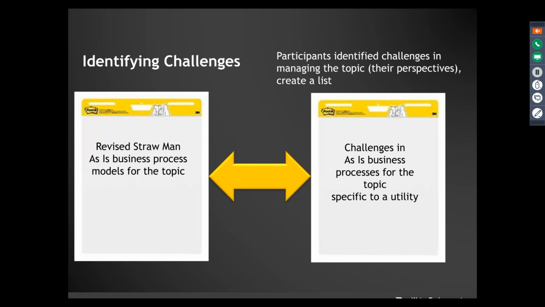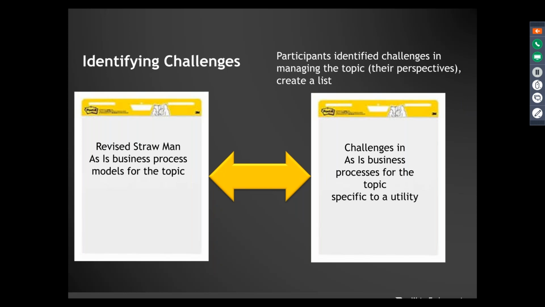After the strawman process was revised, participants in each topic area identified challenges in implementing those processes for each respective topic area. As a result, a list of challenges was created.